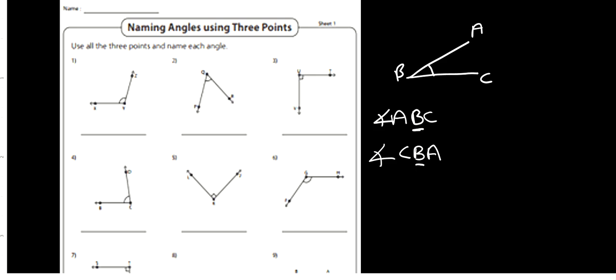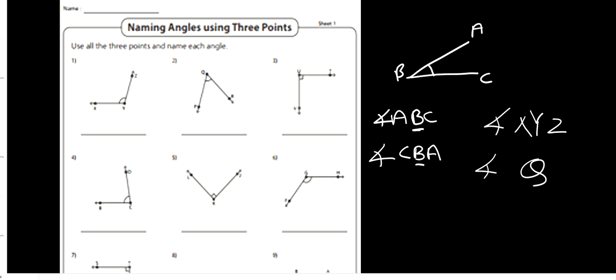Now, let me give you a few examples. Although these are blurred, let me clarify. In question number one, we have y at the center, and on one side we have x, and on the other side we have z. So that is angle xyz. In example number two, we have q in the middle.